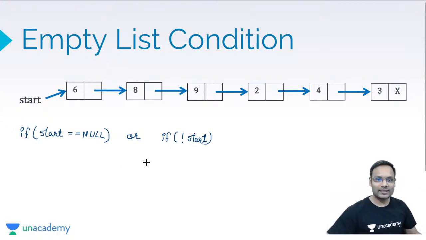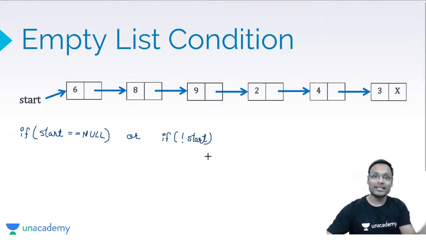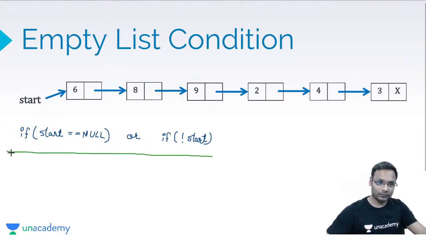So if start is equal to null or not of start is true, you can write any of these conditions to check if the list is empty or not. If I am checking that the list is not empty, then do something. Not empty list. If I am checking the list is not empty, what will be the condition for that?